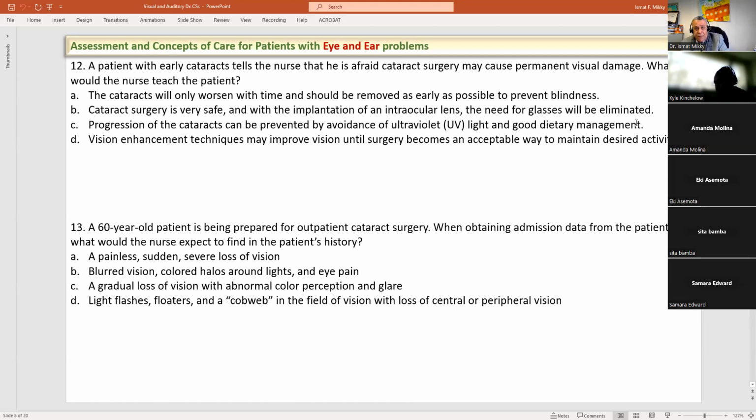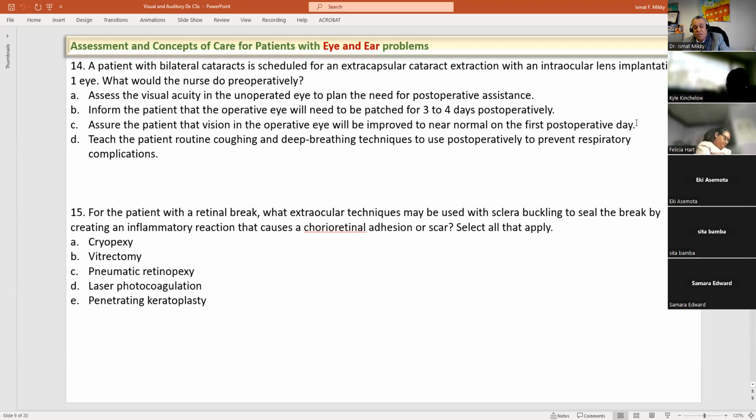D, vision enhancement. 13, in other words, what would you anticipate or expect as manifestations of cataract? Patients with cataract usually present with the following. C, exactly. Yes.